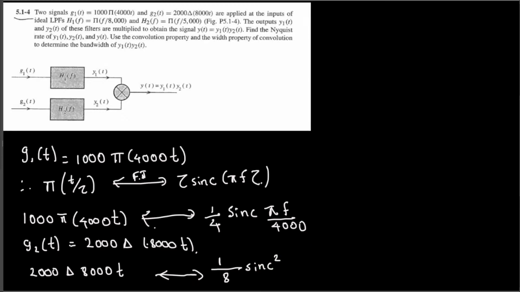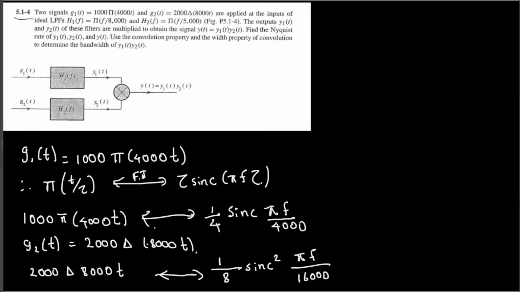Okay, sinc squared of pi f divided by 16,000, the double of it. You see it's almost similar, but now we have double.